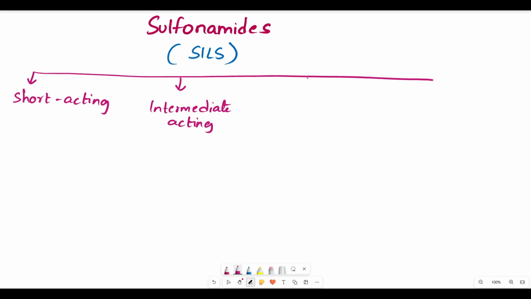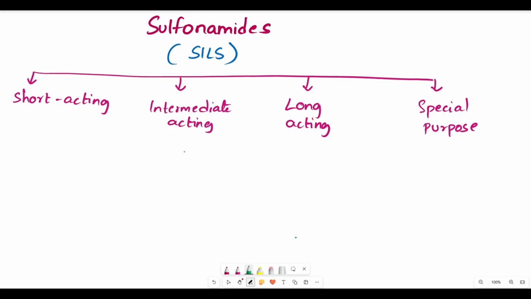L means it is the third class, which is long acting. And S means it is the last class, which is special purpose. So just remember the word SILs and the subclasses of sulfonamides are done: short acting, intermediate acting, long acting and special purpose.